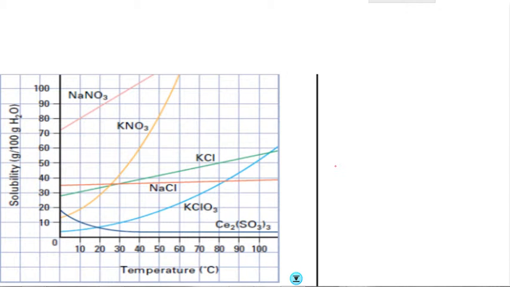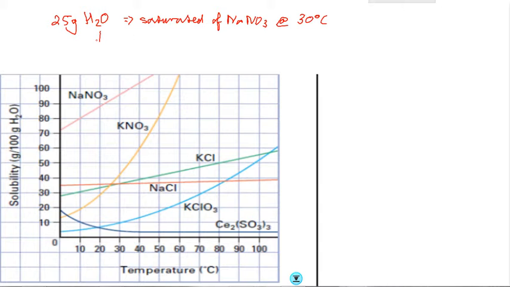Let's say the examiner says this time, you have 25 grams of water, and you have a saturated solution of, again, sodium nitrate, at 30 degrees Celsius.